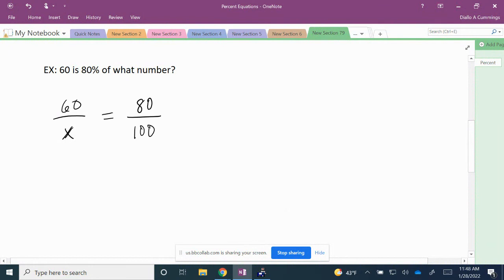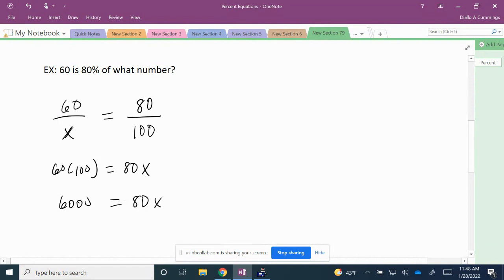Now that we have our percent equation, we will cross multiply and divide. So I'm going to multiply 60 times 100, and set that equal to 80 times x. So 60 times 100 is 6,000, which equals 80x.